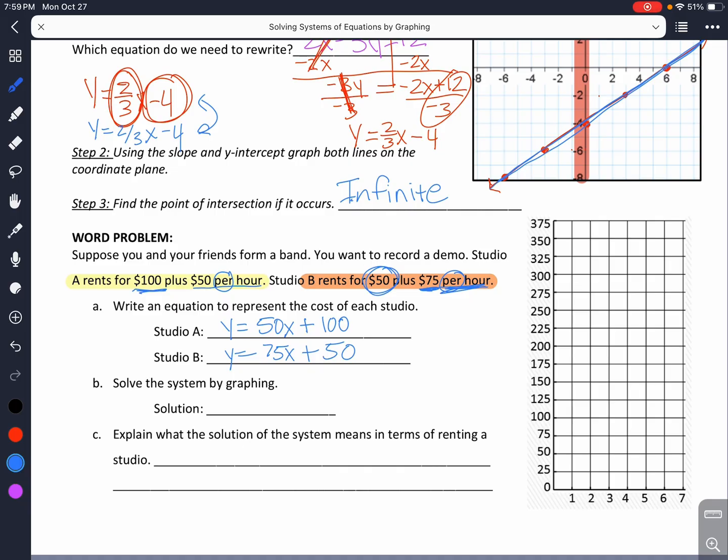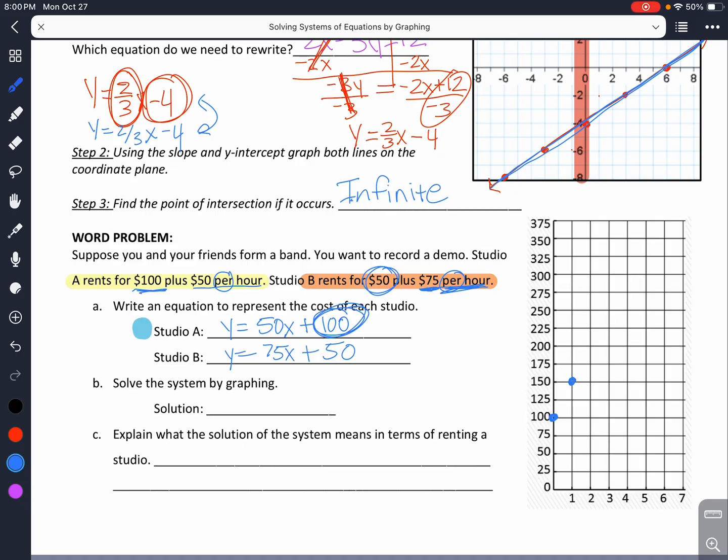So it wants us to solve by graphing. Our equations are already in y equals mx plus b form. So I want to graph these. Again, we're going to start with our y-intercept. Okay? And so I'm going to start with Studio A. I'm going to start with my y-intercept, which is 100, and I'm going to put a dot at 100, okay? And my slope here is 50, so we're going to go up 50 and over 1.